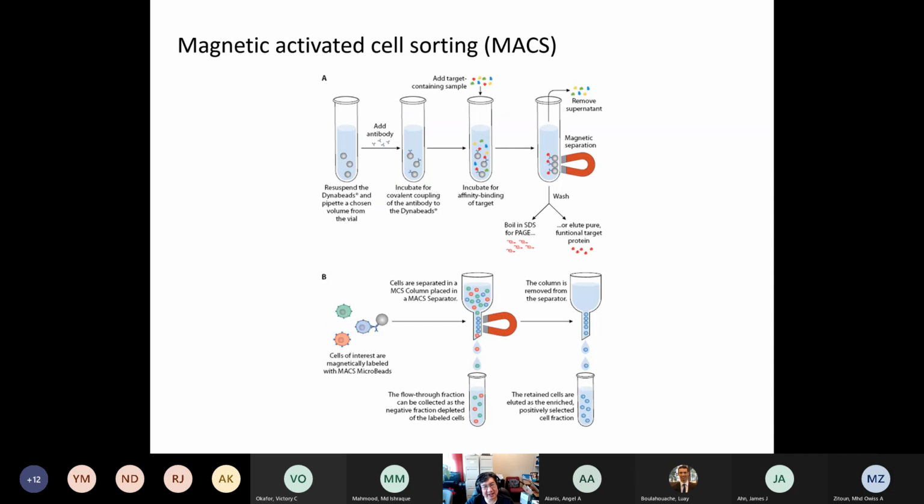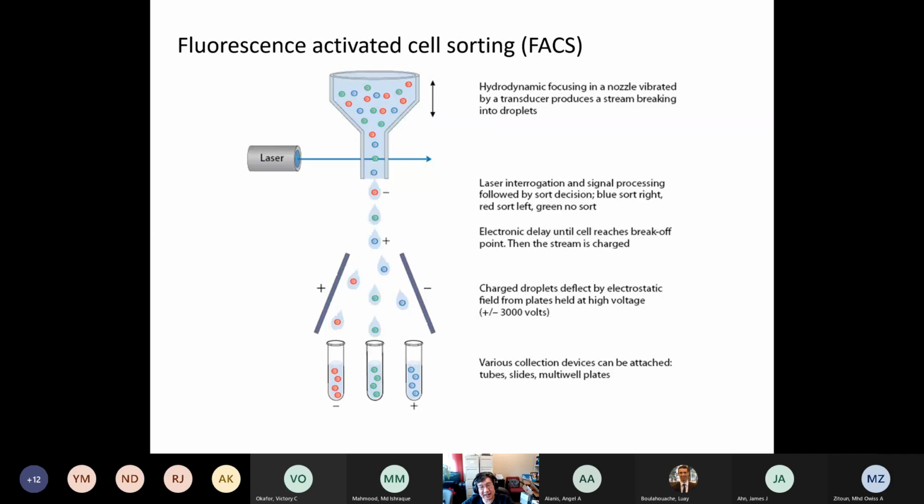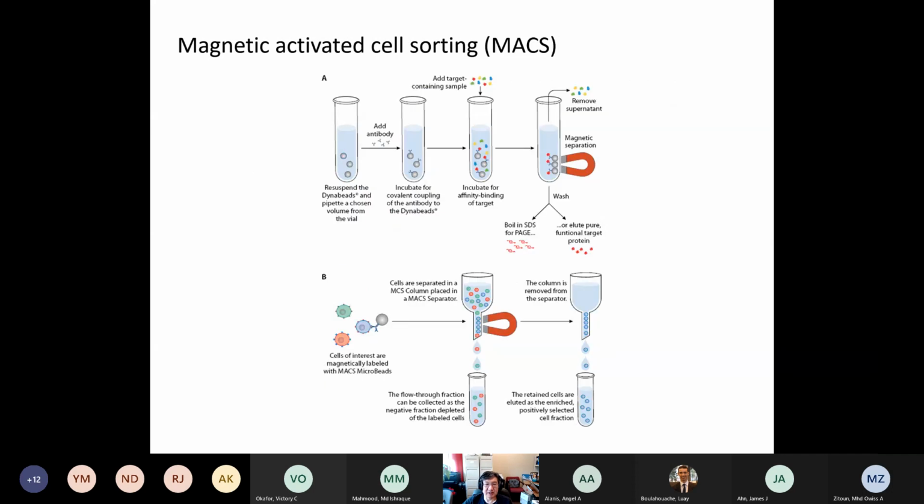It's called magnetic activated cell sorting, which is very similar to flow cytometry, to fluorescence activated cell sorting. But now, when we label the cell, we don't use fluorescence. The antibody is conjugated with some kind of magnetic beads.